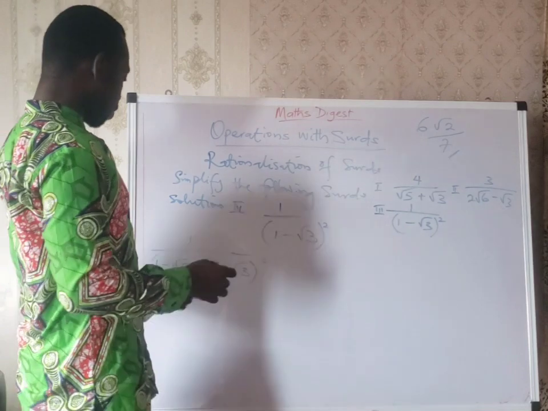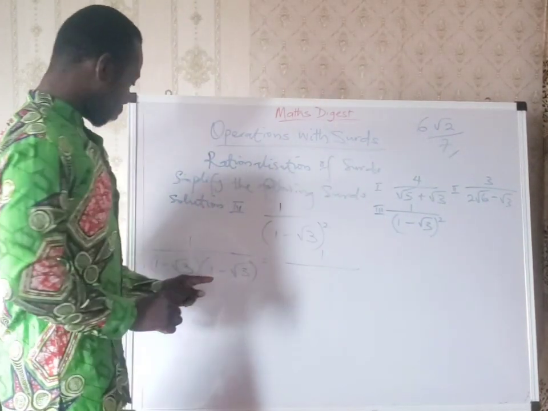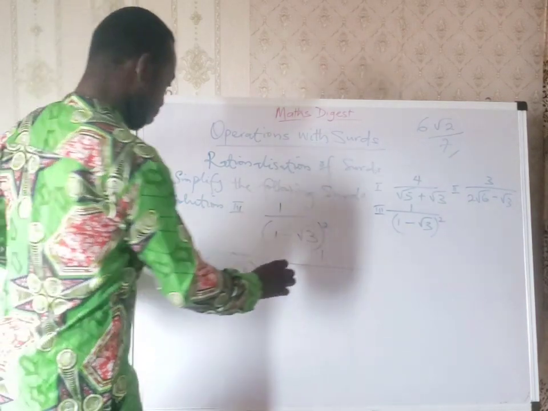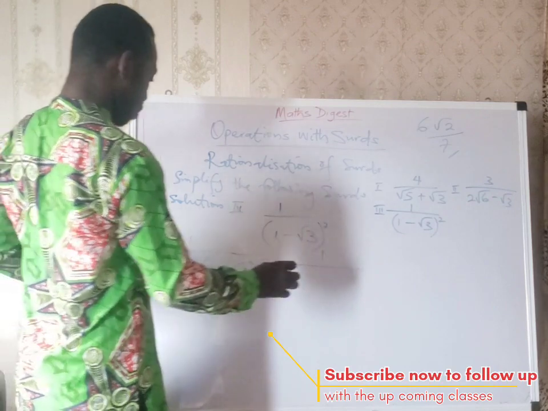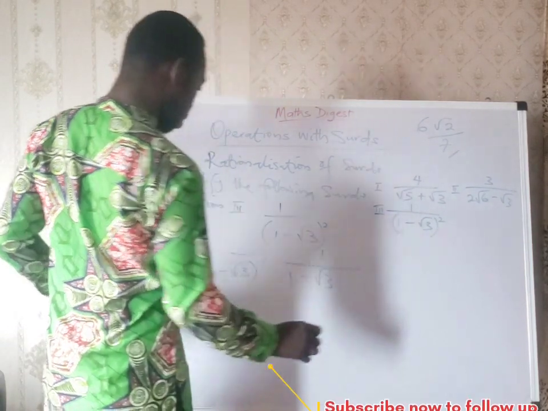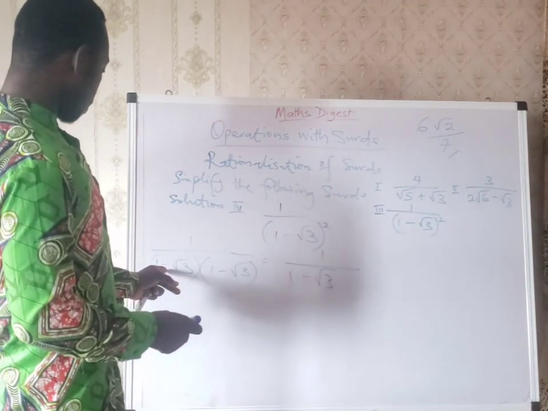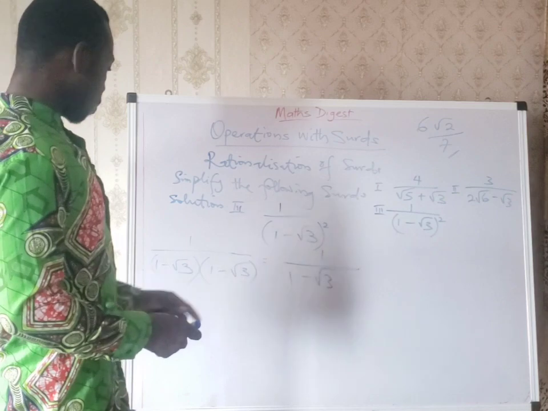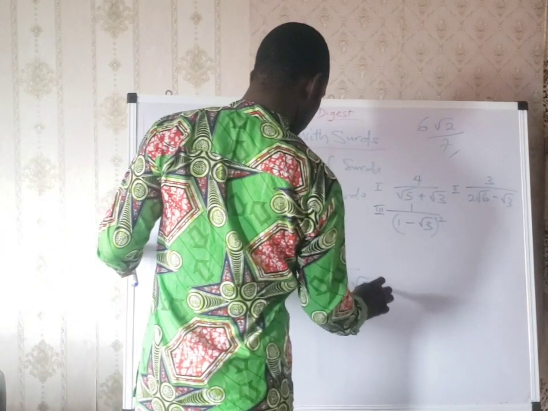Now, when you multiply out, we're going to have 1. 1 times 1 here is 1. 1 times root 3 here is minus root 3. Okay? Now, minus this root 3 times 1 here too, we have minus root 3.